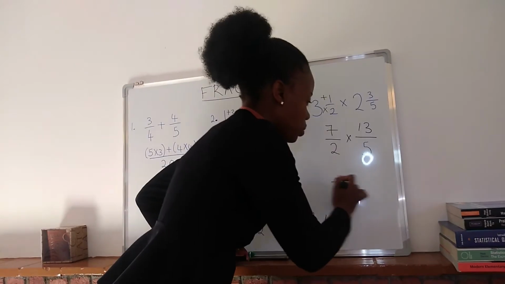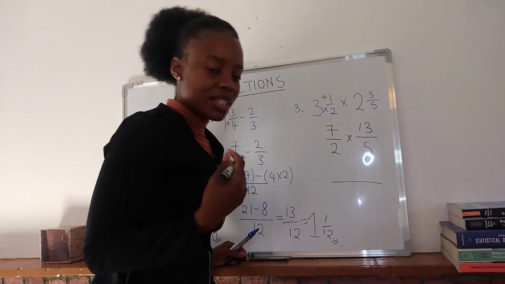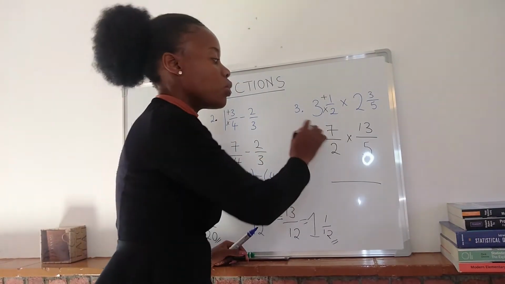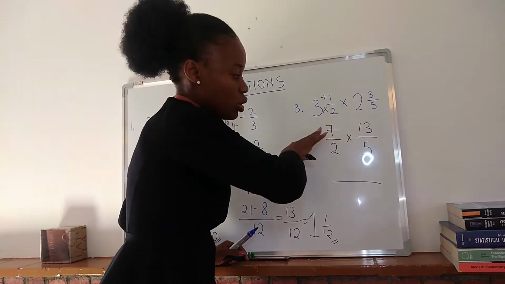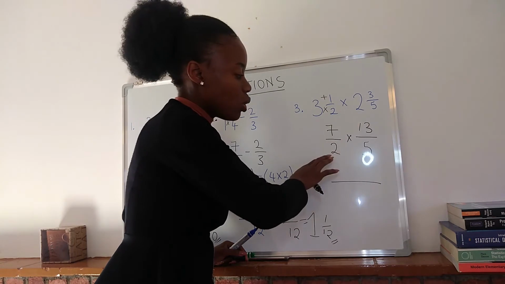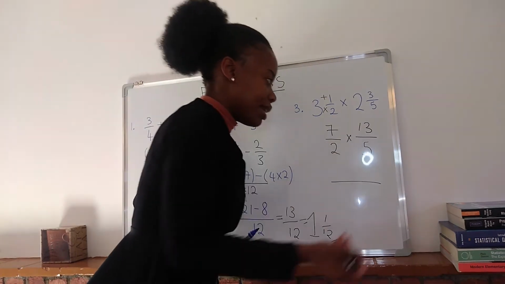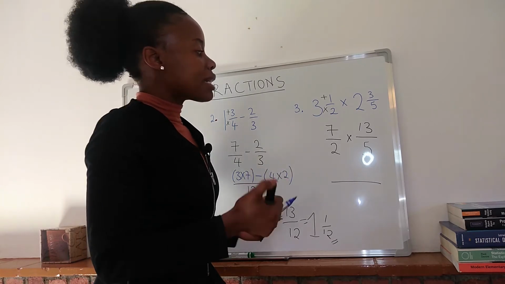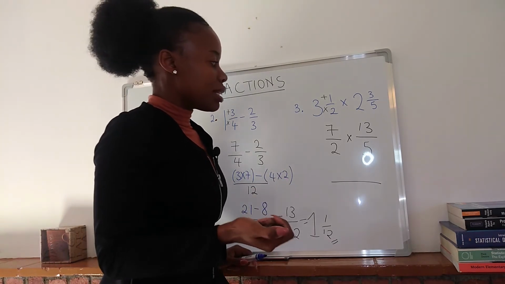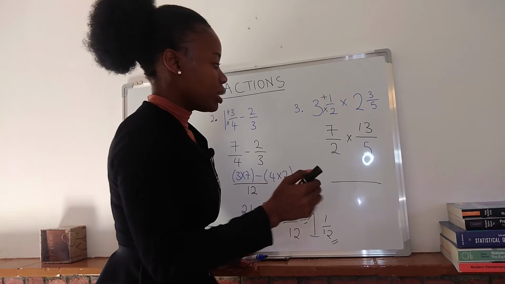And then if it's multiplication, you multiply straight. Your numerator you multiply straight, your denominator you multiply straight. Okay, so we're going to say 7 times 13, which is 91.